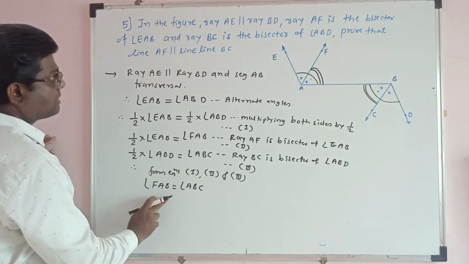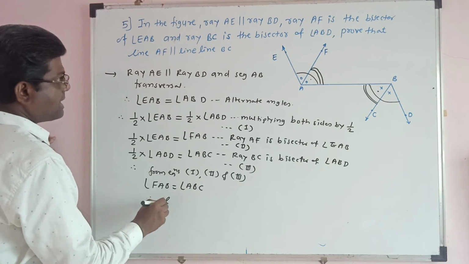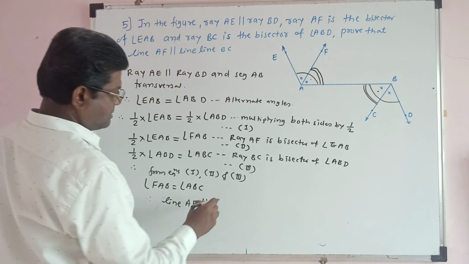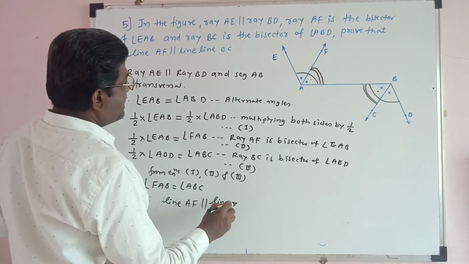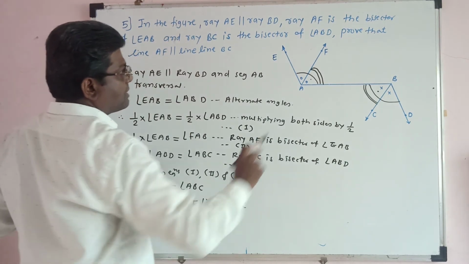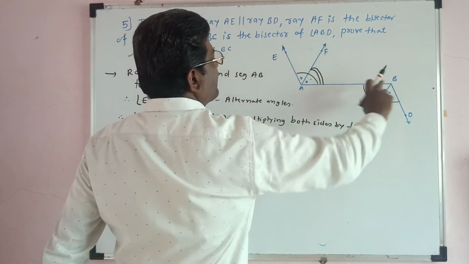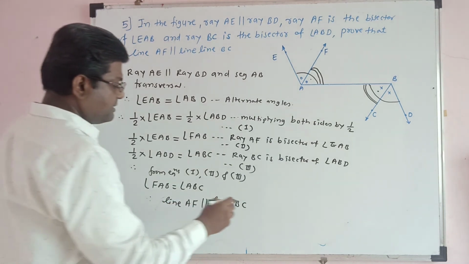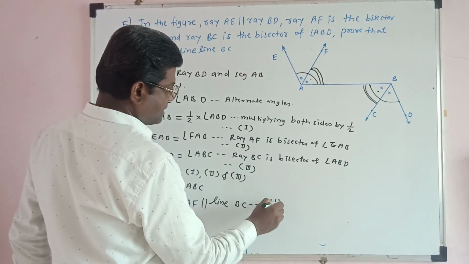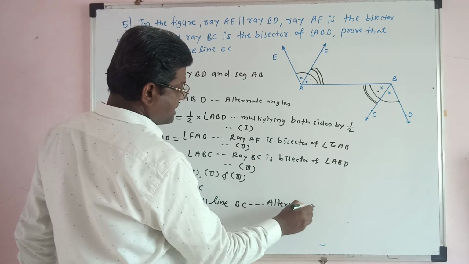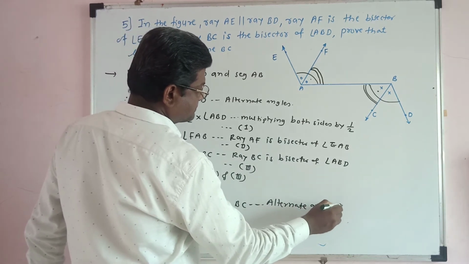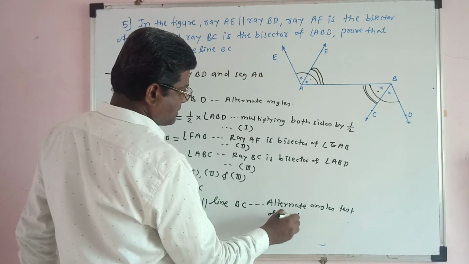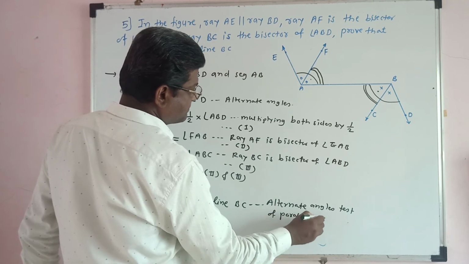Therefore, line AF parallel line BC. These two angles are alternate angles. So reason is alternate angles test of parallel lines.